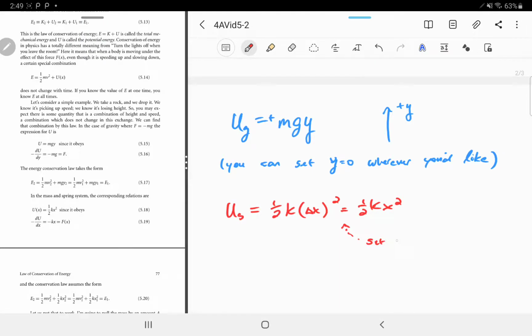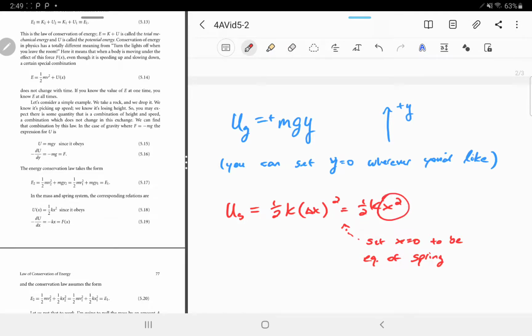So we often set x equals 0 to be the relaxed location of the spring, where the spring is in equilibrium. So x is just keeping track of how much the spring is either compressed or expanded.